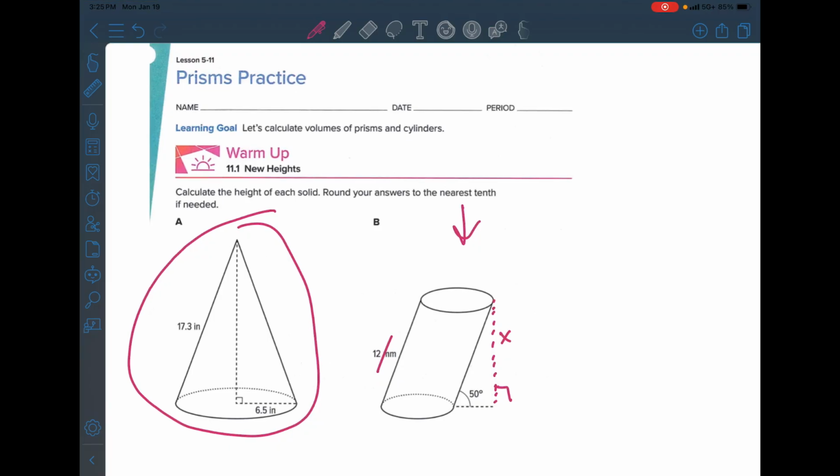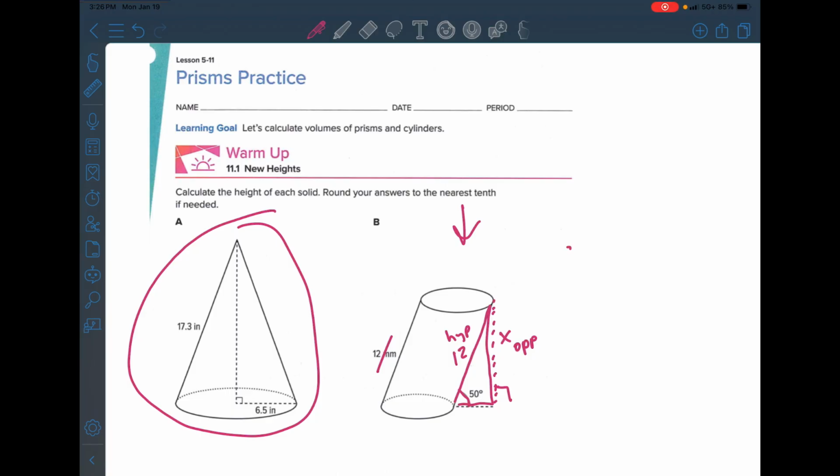This gives us a right angle, a right triangle. Here's my right triangle, okay? We know that this is 50 degrees. This is 12. We need to find x. So this is our hypotenuse. This is our opposite of 50 degrees.